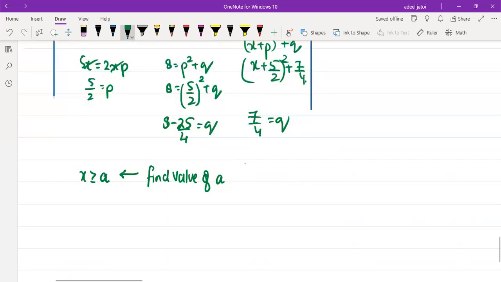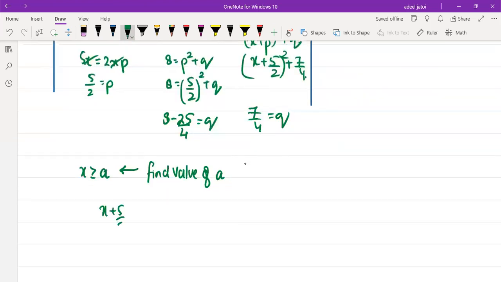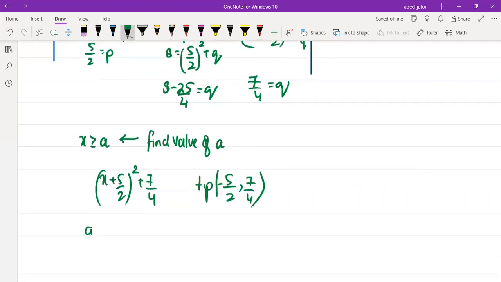Your turning point comes from the completing the square form. So the turning point should be negative 5 upon 2, whereas 7 upon 4 will be positive, because of the original form a (x minus h) whole square plus k.